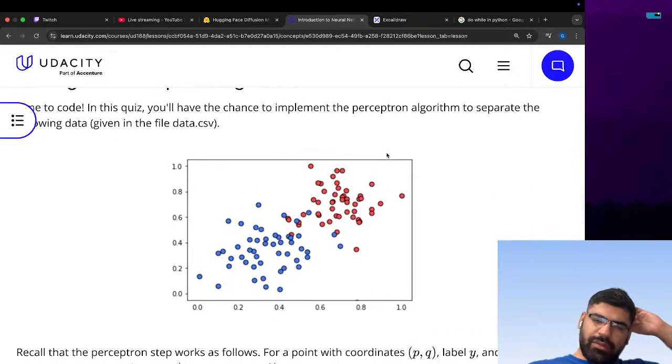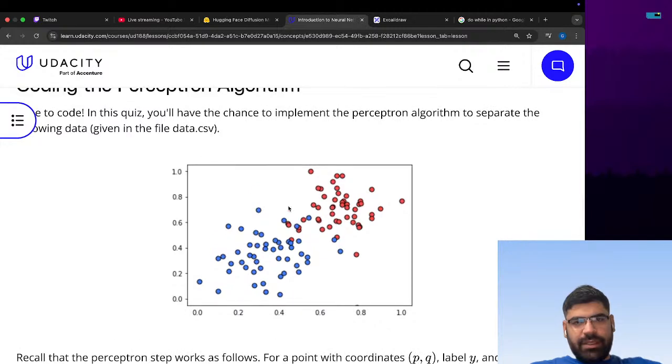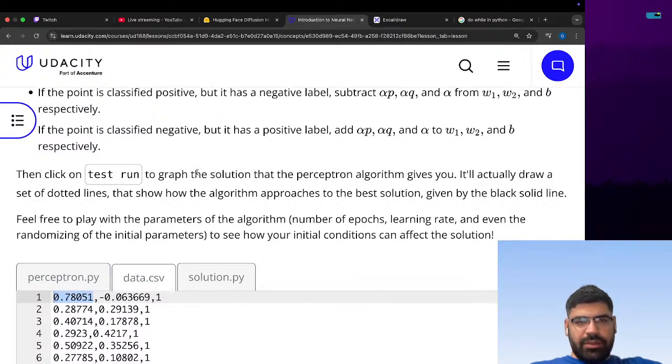Separate the following, given in the file data.csv, right? Recall the procedure. Click test to graph the solution the perceptron gives you. Draw a set of dotted lines that show how the algorithm approaches the best line given by the black solid line.